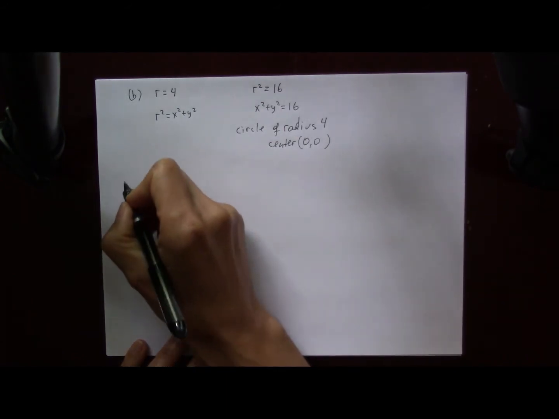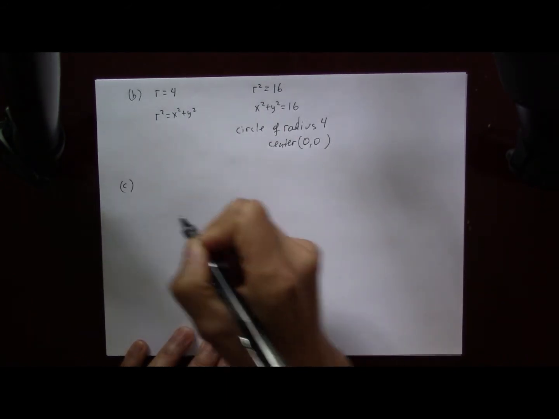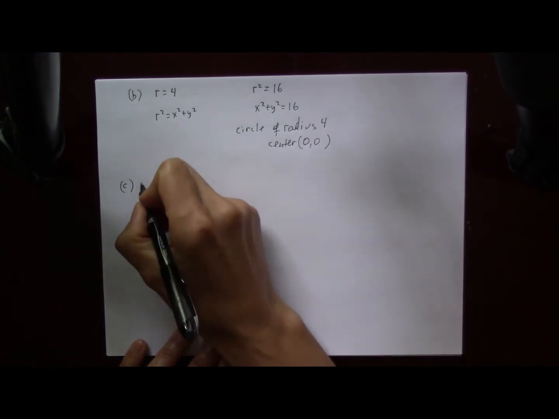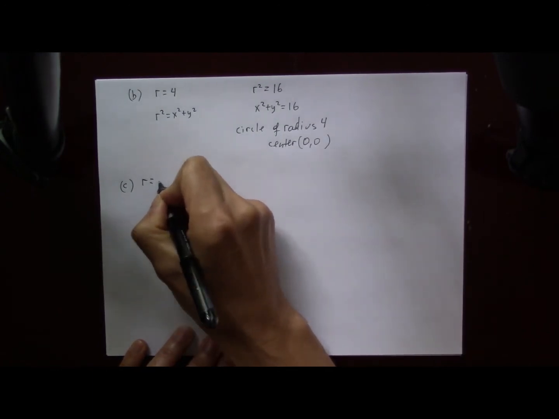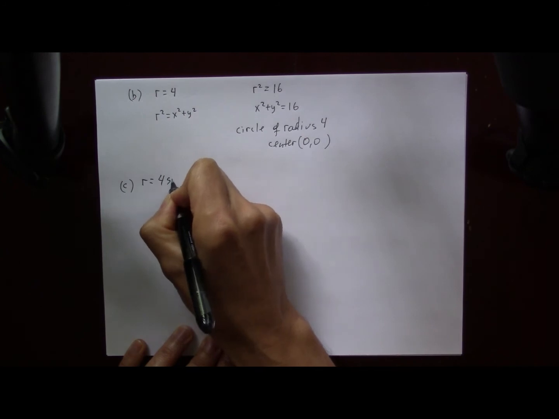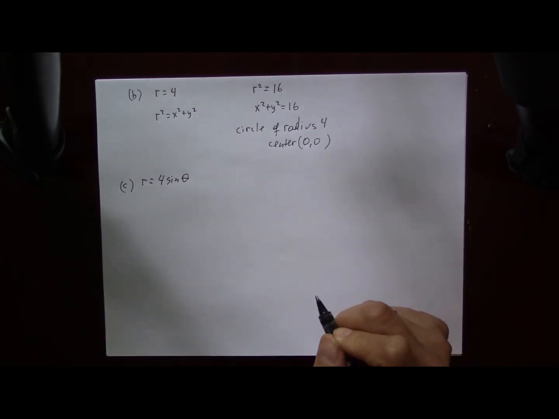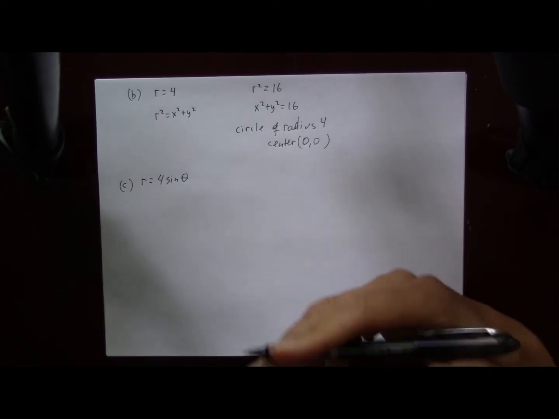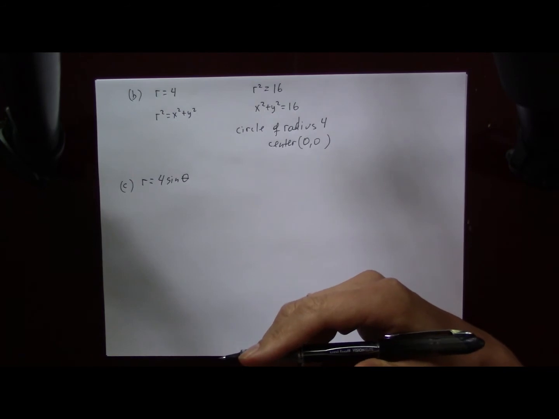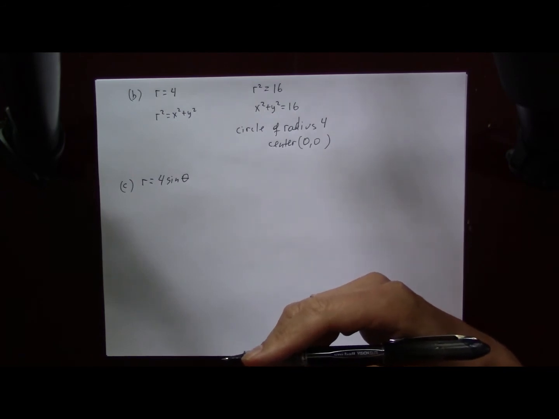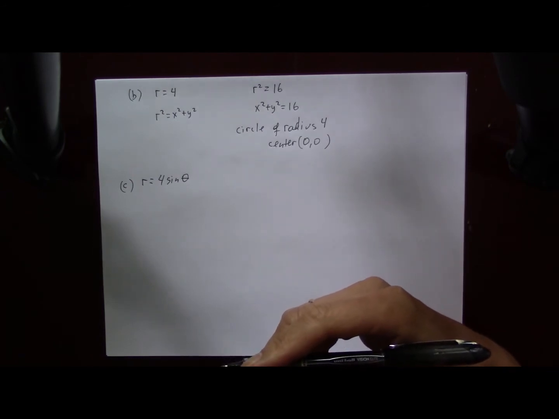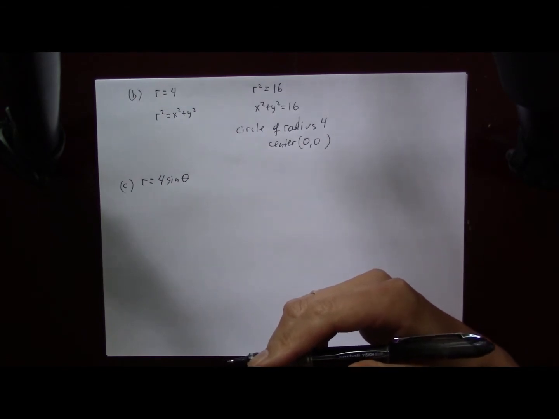Next one. If we have a curve given to us in polar form by r equals 4 sine theta, then looking at the list of formulas which relate polar and rectangular coordinates, we recall that one of them says y equals r sine theta.